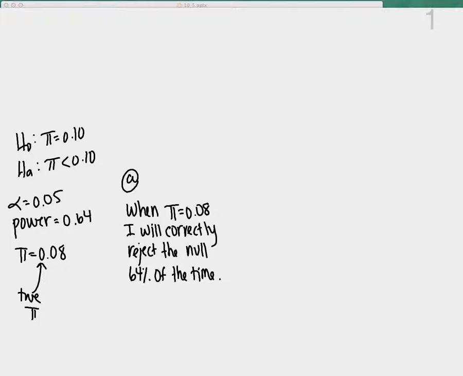So in this test, if pi is actually 0.08, we're going to correctly reject the null 64% of the time. That's what power is. It's the probability of correctly rejecting the null.